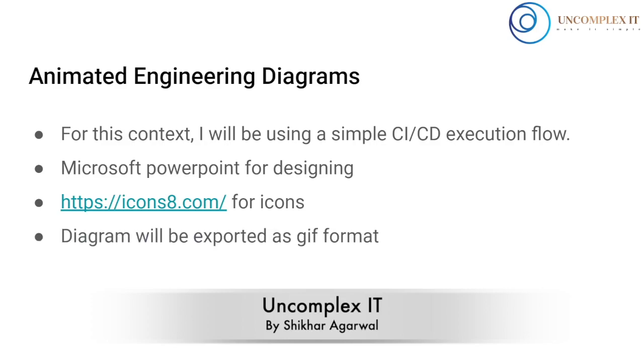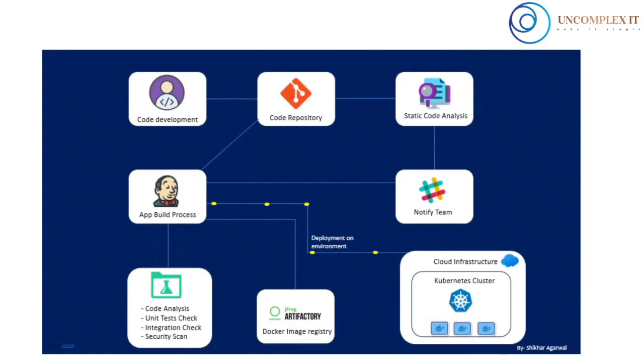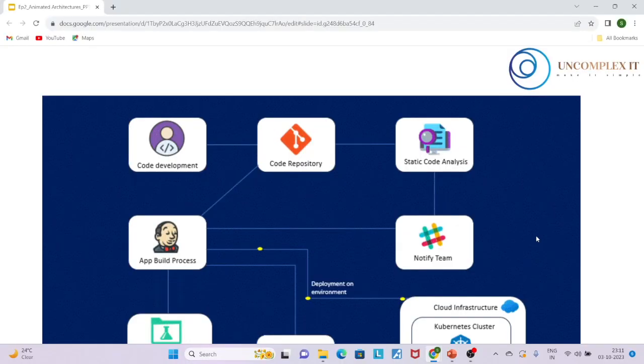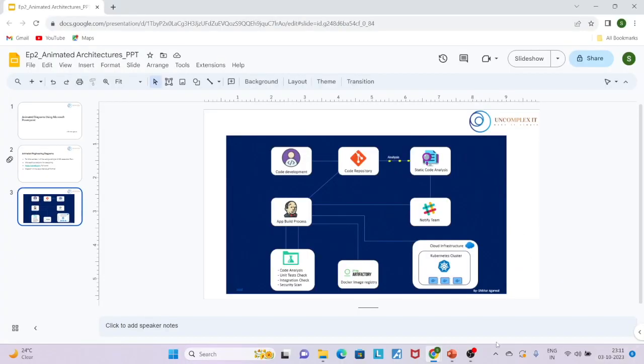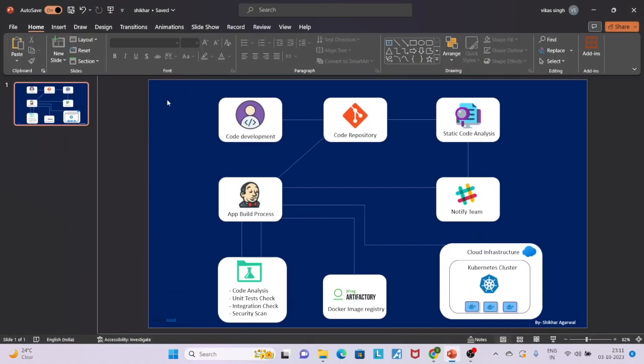And the diagrams would be exported as a GIF format from PowerPoint itself. This would be the output from this exercise, right? You can see the flow is moving this way, right? It's a GIF. So before wasting much time, let's jump on the actual implementation.